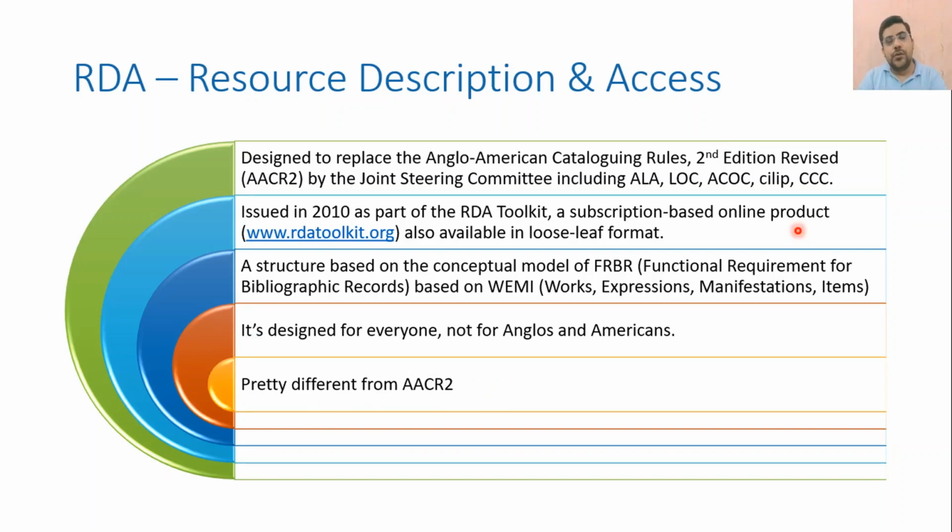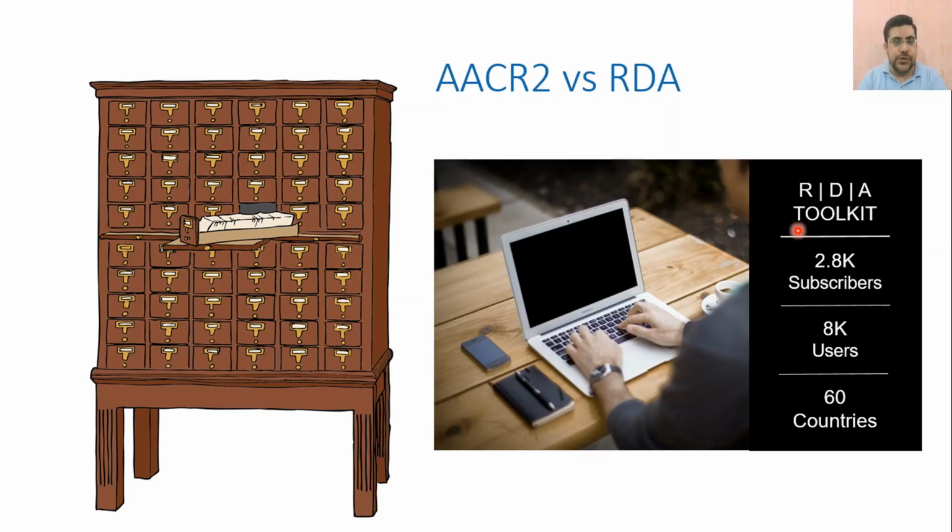And we all know AACR2 is most used with the card cataloging format to perform the cataloging of traditional resources, but through the MARC format, it's also used to perform the cataloging of digital resources. But AACR2 is not actually for digital resources, so RDA has replaced AACR2 to perform the cataloging of digital resources and as a means to reach the internet user.